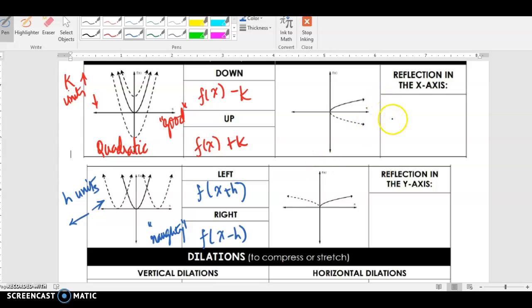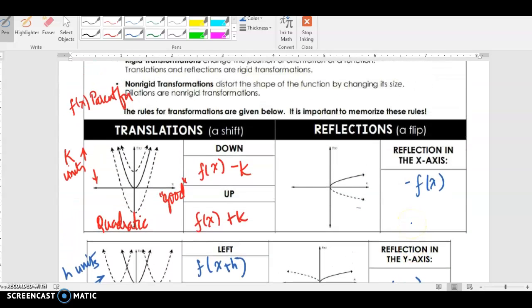Okay. Now the reflections. When it's a reflection over the x-axis, or the vertical reflection, because all the y values are getting negated, this is negative of f of x. The negative is happening outside. And reflection over the y-axis, the negative is happening inside, f of negative x. So we can actually summarize here.